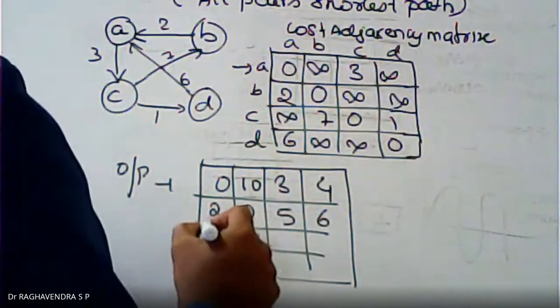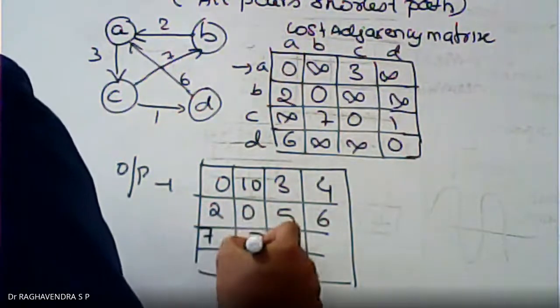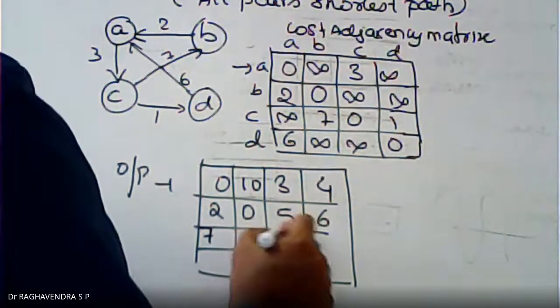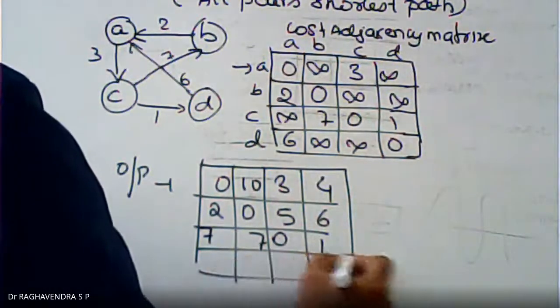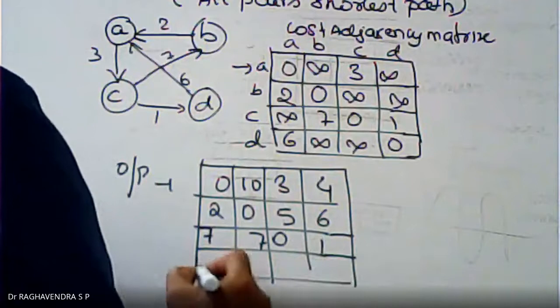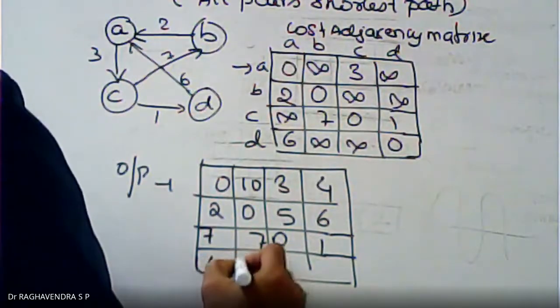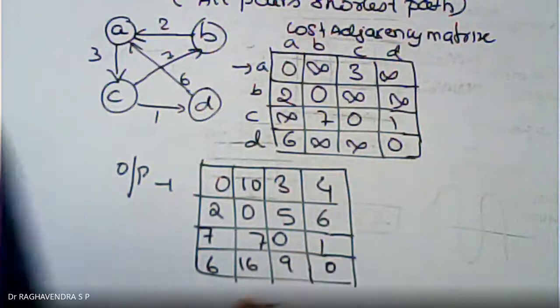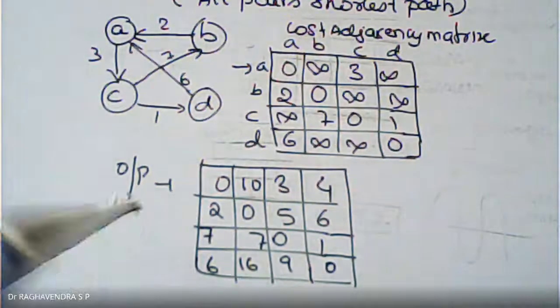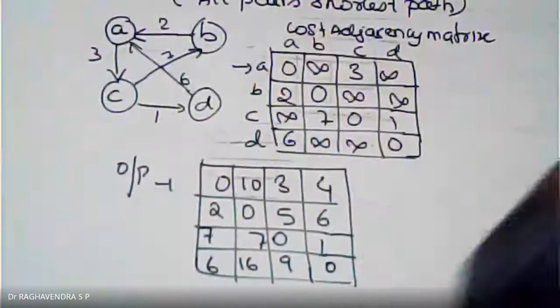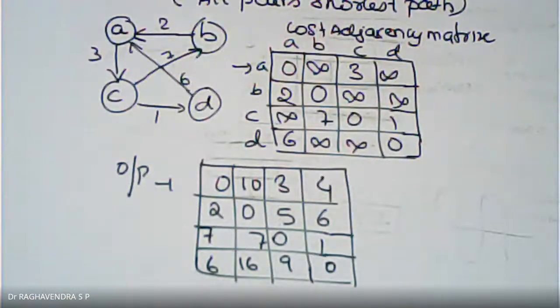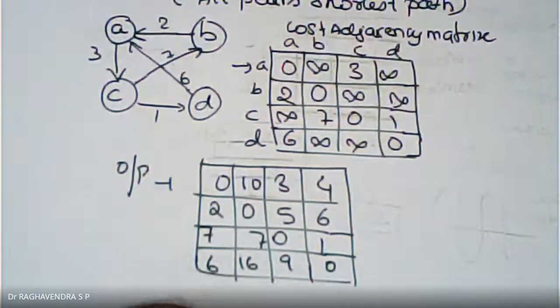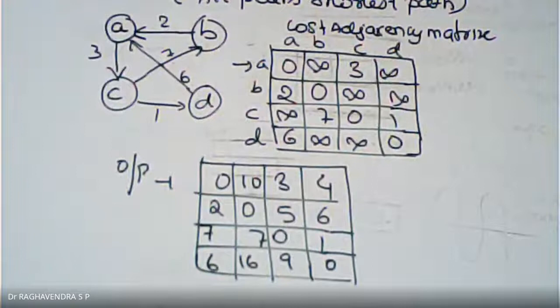Then 7, 7, 0, 1. Then 6, 16, 9 and 0. So this is the output we are going to get when we execute Floyd's algorithm. Let us find out how this will be done. So I am going to share that now.